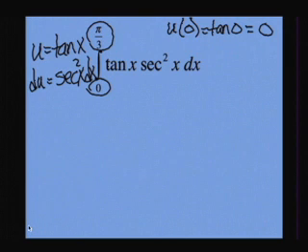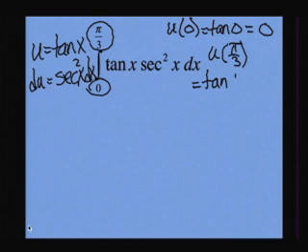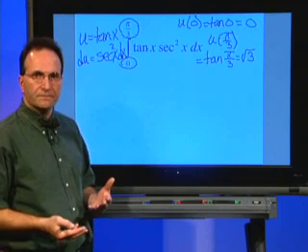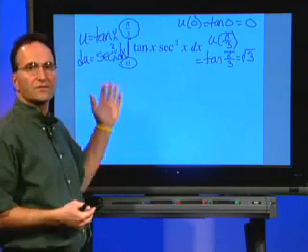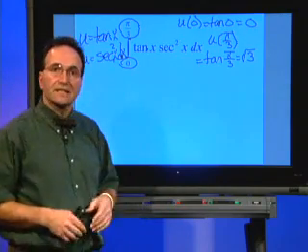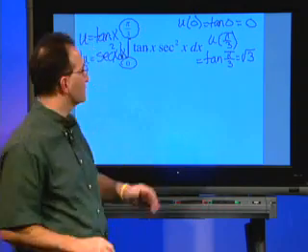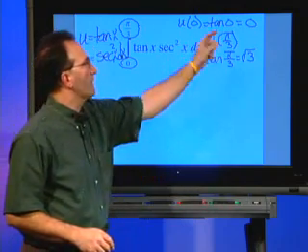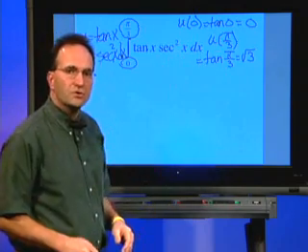Then I want to evaluate u of pi over 3. And that's going to be the tan of pi over 3, which is the square root of 3. So I now have my u substitution, u equals tan x, du equals secant squared x dx, and I have my new bounds, which are that we're going from 0 to the square root of 3.